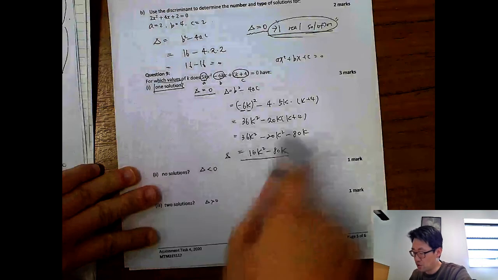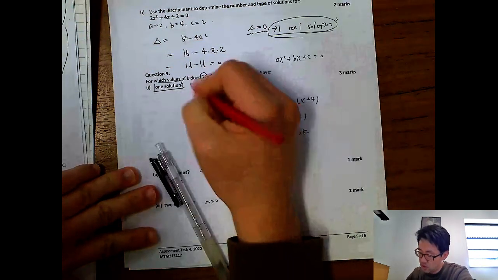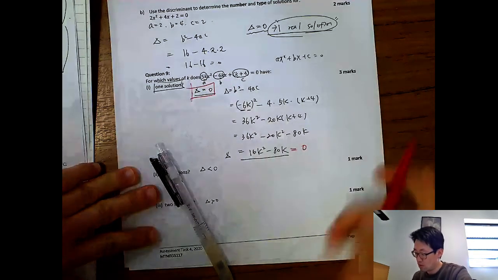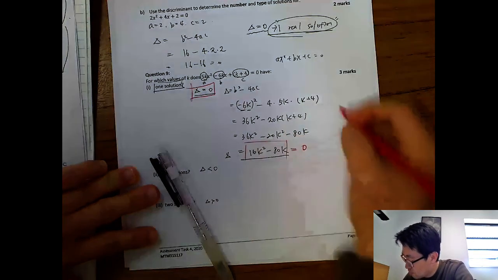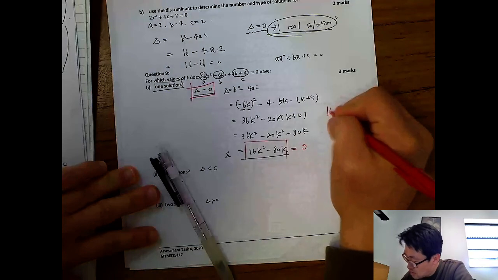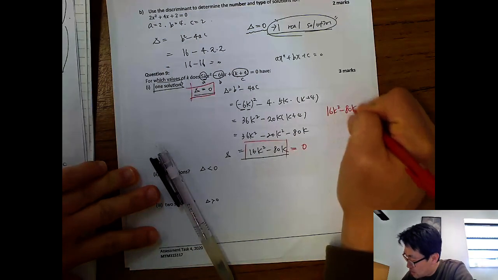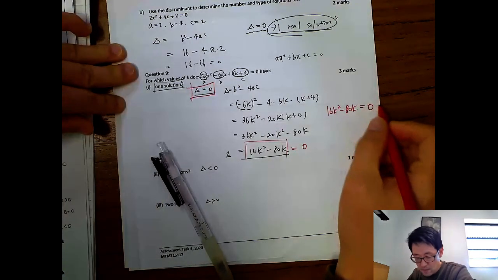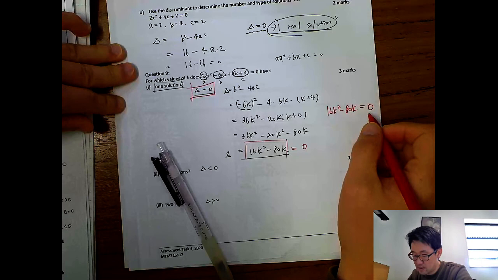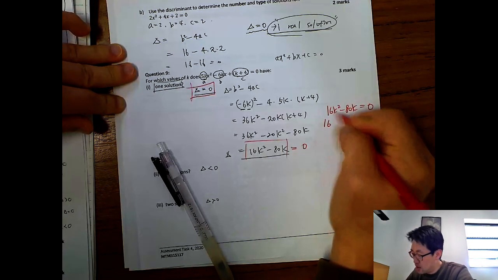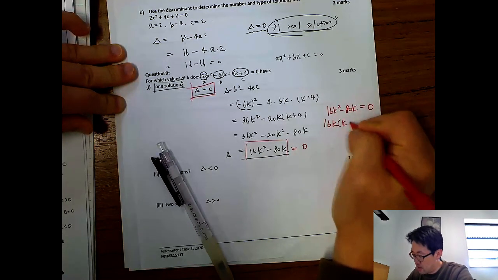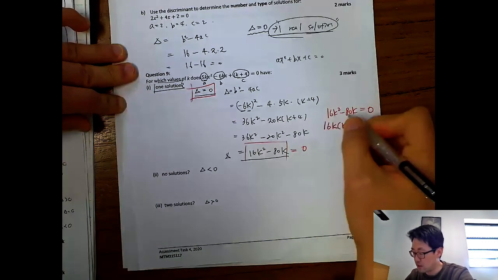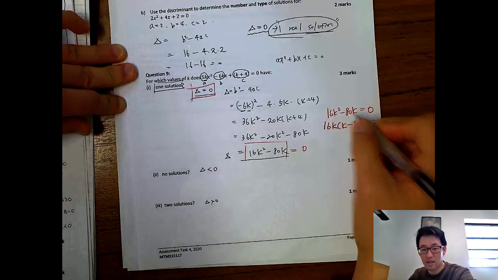For one solution, we need discriminant equals 0, so 16k squared minus 80k equals 0. How can I get the k here in this case? Factorise: 16k times k minus 5 equals 0. Highest common factor 16; 80 is 16 times 5, isn't it?